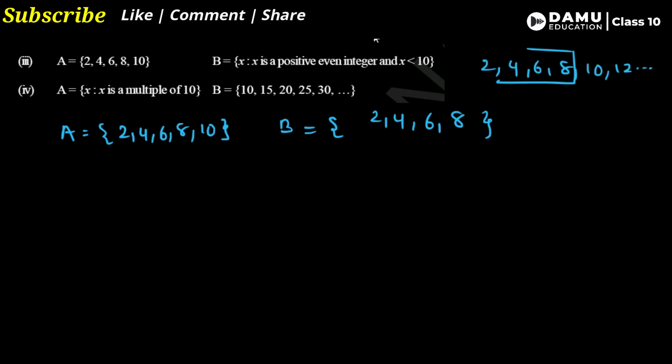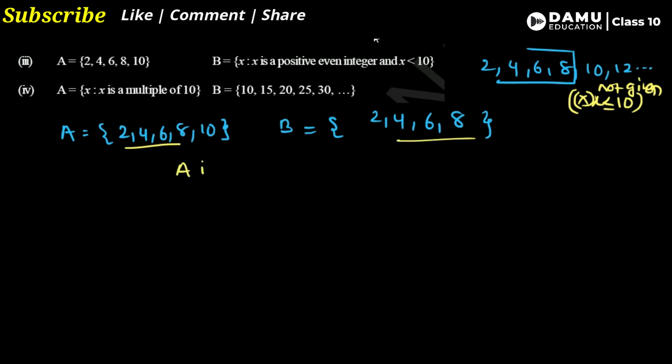Why? Because they are not given as X less than or equal to 10. If they give it like that, then you can take 10 as it is. Because less than 10 means we should take up to 8 only. That means all the elements are present, but there is no presence of 10 here. Then what can you say?